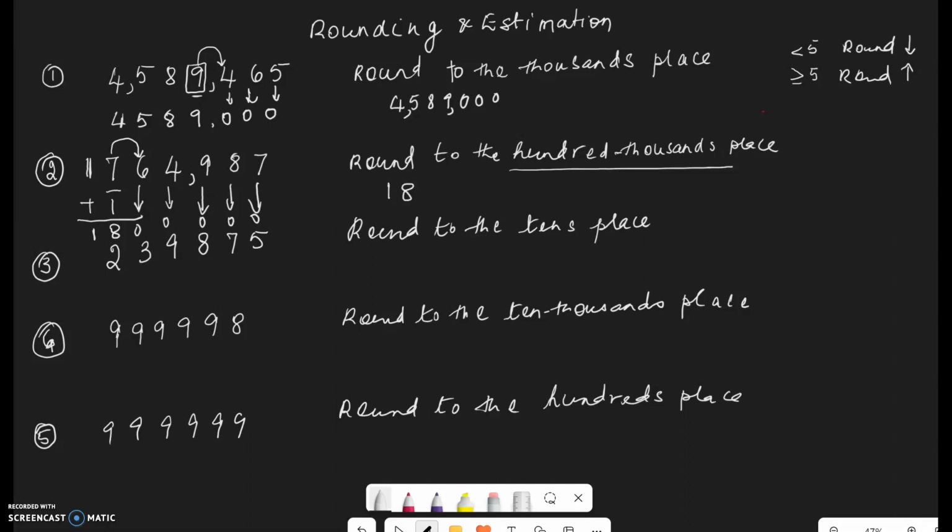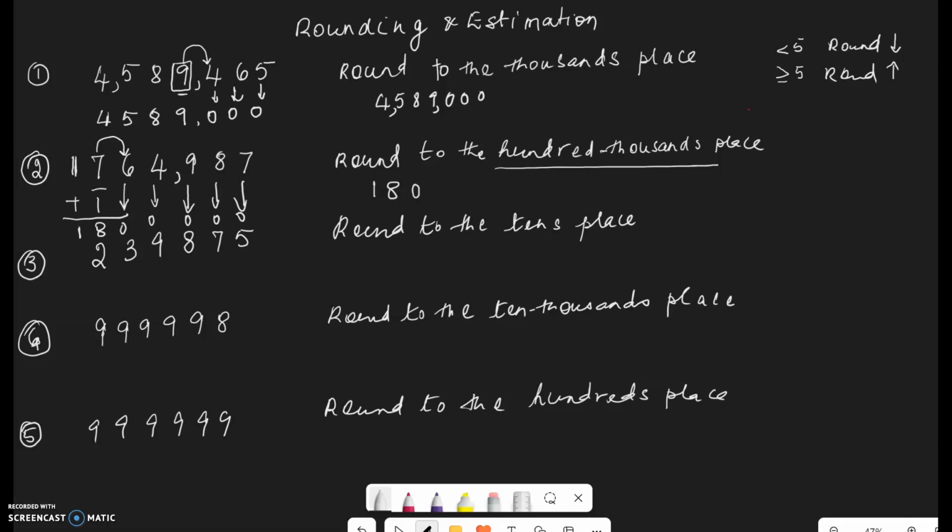The 7 changed to 8, and everything after that has become a 0. Just make sure you're matching the zeros to the digits. You cannot have extra zeros. We have 3 zeros after the comma, and that's the rounded number.